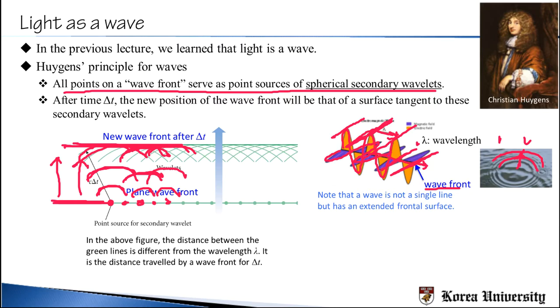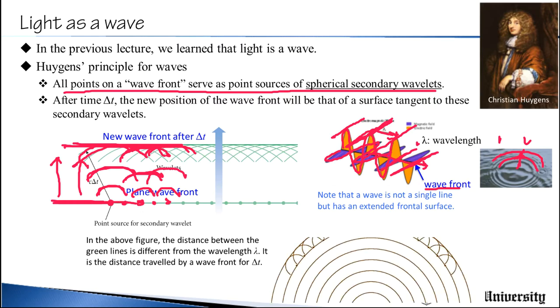Okay, so this Huygens principle is good for all kinds of waves, just like I said, and at the same time it is good not only for a plane wave like that, but also for a circular wave like this.